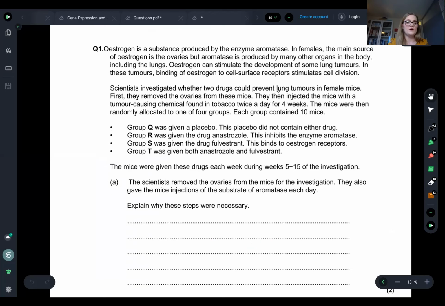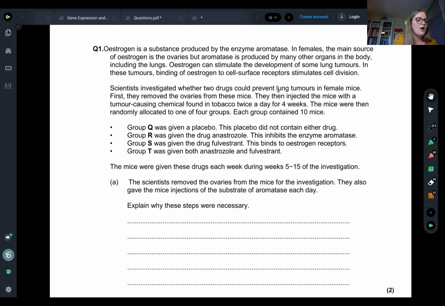So this is our first question, and it's all about estrogen. It's why I haven't gone into loads of detail about estrogen now, because it's going to go over it in the question. It's quite a long question, and there's a lot of information here about drug trials and how they work, and it actually links to lots of different parts. So we're going to look at this in quite a bit of detail.